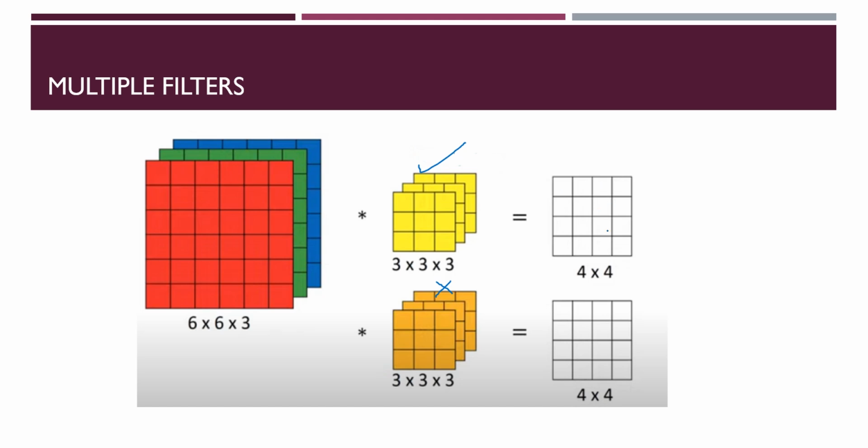So since here there are two filters, the resultant output would be 4 by 4 by 2. If there are 10 such filters, the resultant output would be 4 by 4 by 10. So let us see this example.